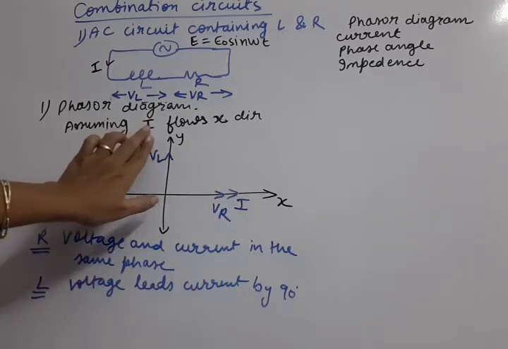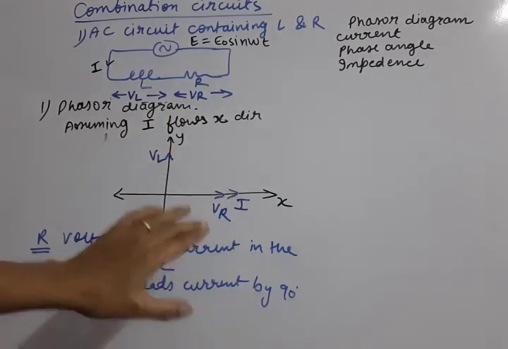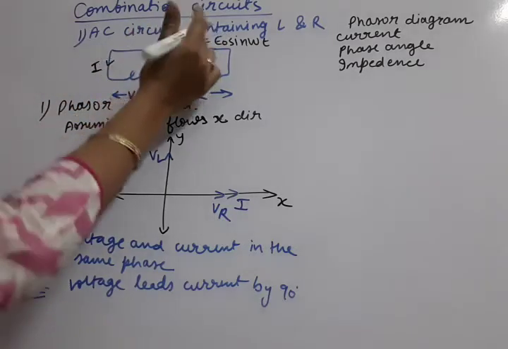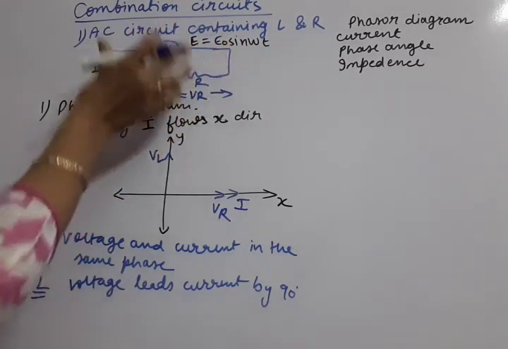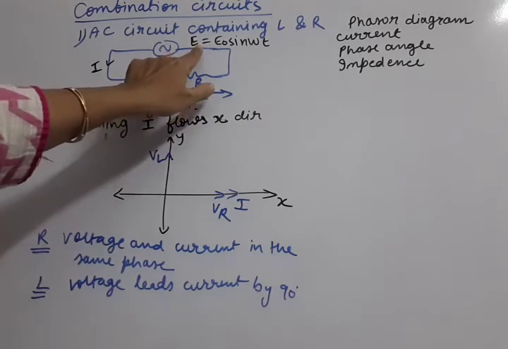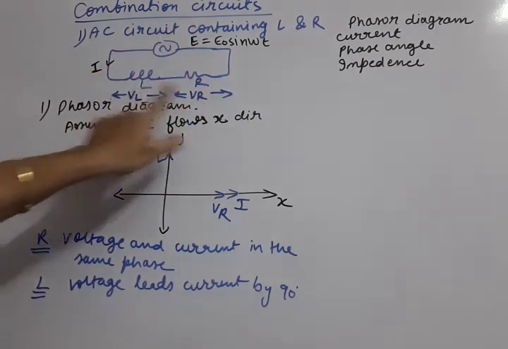So we can assume current in any direction, and in relation to that current we can draw the VR and VL voltages. Now the total voltage is E, and it is divided into VL and VR. For DC, if the total is V, with V1 and V2, we write V equal to V1 plus V2.